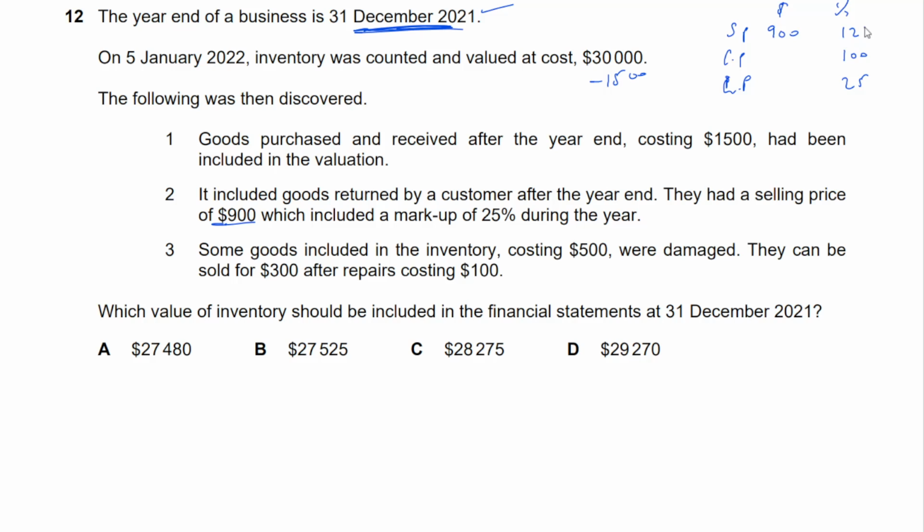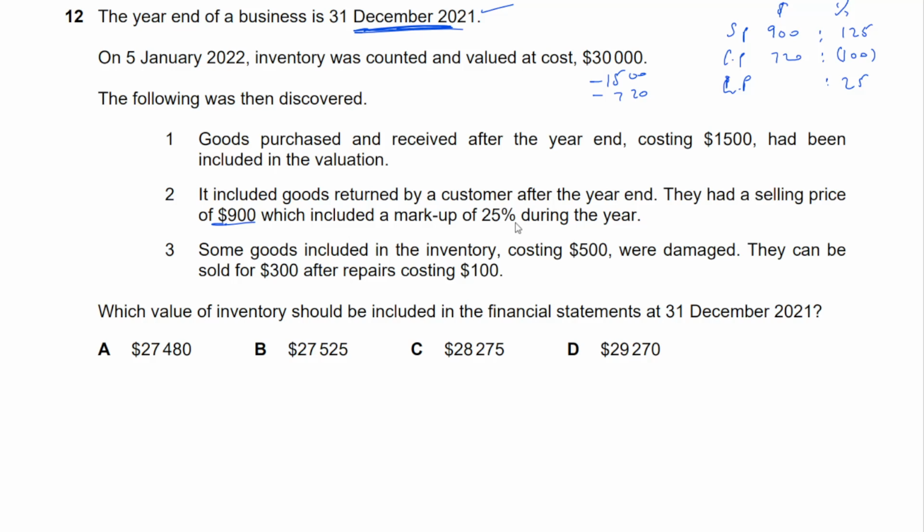And so this must be 125. Just looking at percentage units, 125 minus 100, that's 25. I'm taking that as assumed knowledge. 900 divided by 125 times 100 will give you 720. So 720, we included it, but it was not part of our inventory at this date, 31st December.